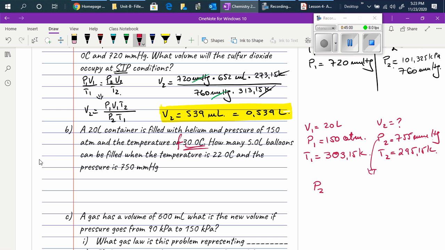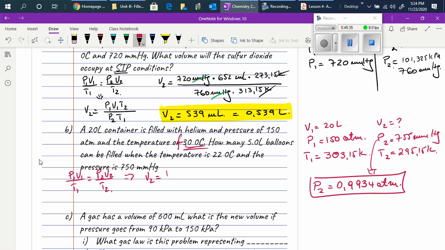And what we are doing is using the ratio of 1 atmosphere is 760 mmHg. So P2 will be 0.9934 atmosphere. Okay, so now P1 V1 over T1 equals P2 V2 over T2. And from here we find that V2 is equal to P1 V1 T2 over P2 T1.